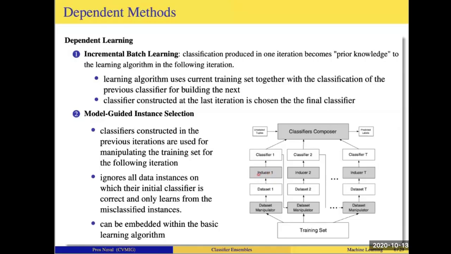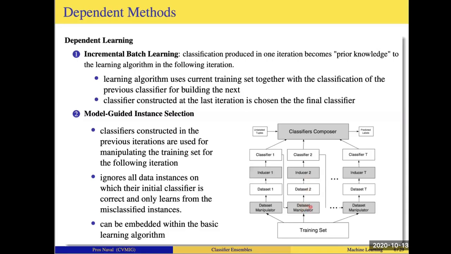So we know that when you train an inducer, what comes out is a classifier. So we now have a classifier here. And that classifier is passed on to the classifier's composer here. And then at the same time, the results of the first classifier will be used by the dataset manipulator to create the second dataset.